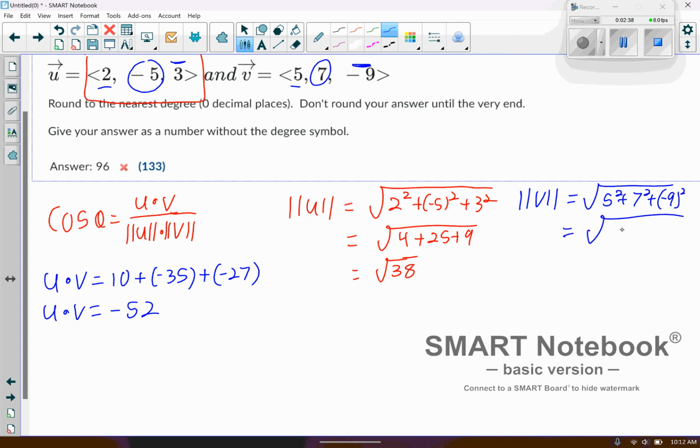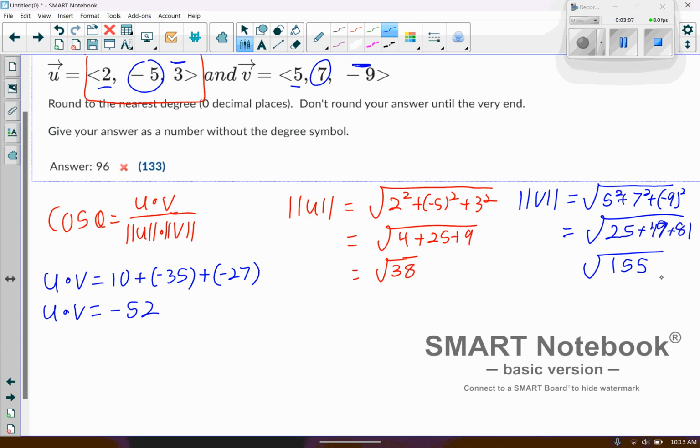So the square root of 25 plus 49, and then plus 81. That adds together to give us 155. Yeah, that looks good.